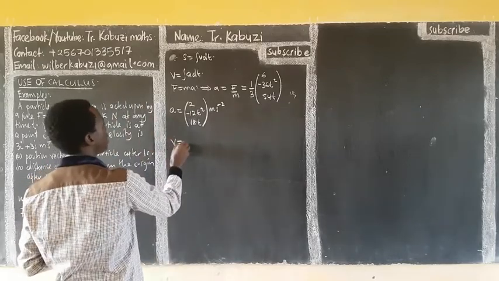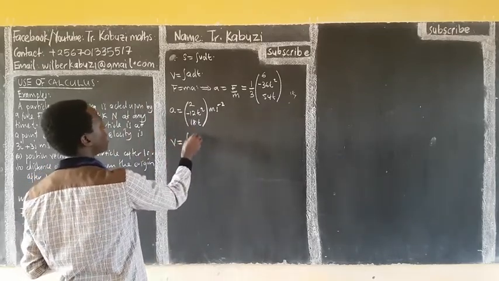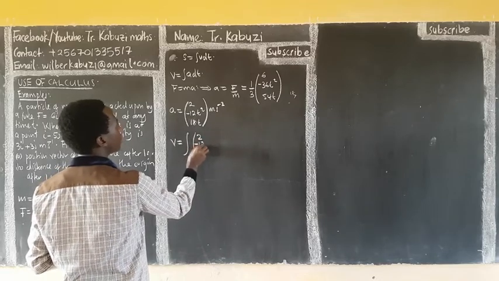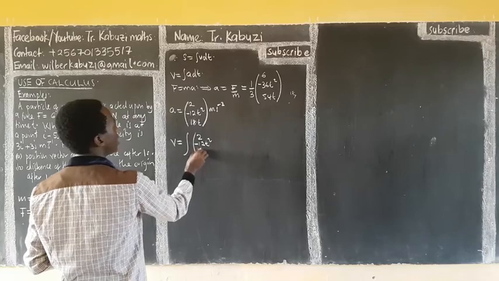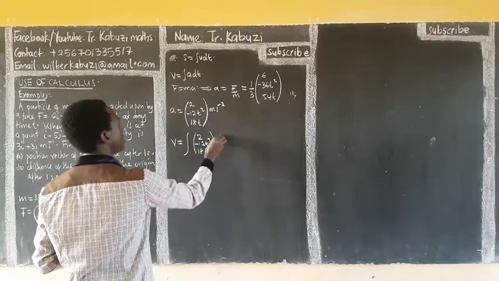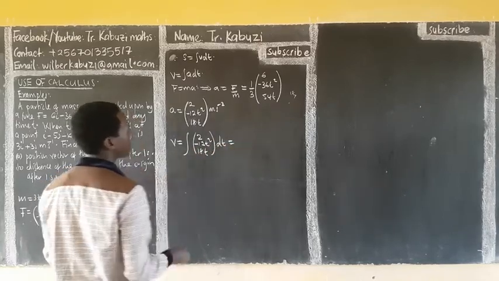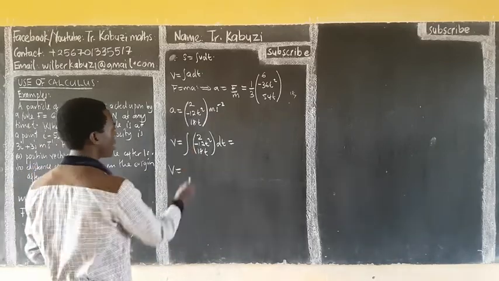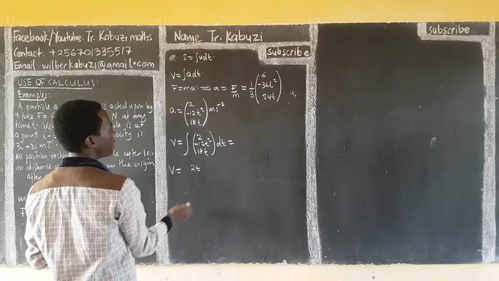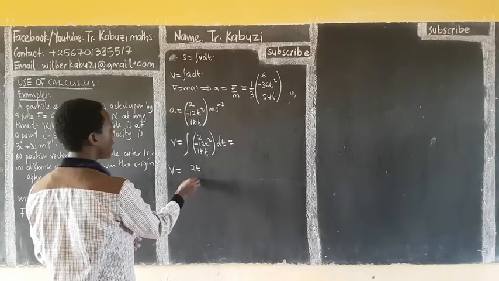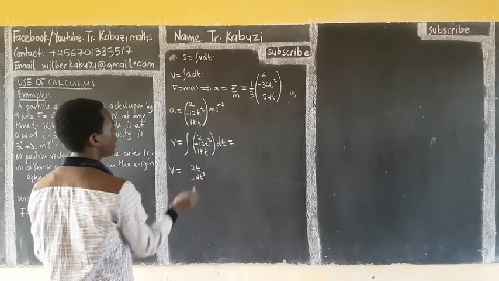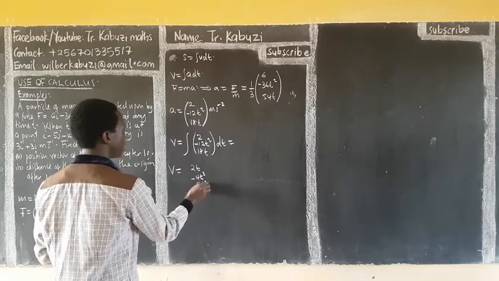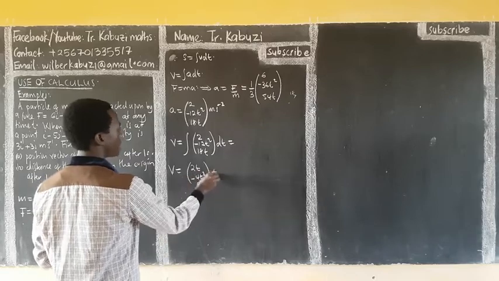So our v is going to be the integral of acceleration, which is 2, -12t squared, 18t dt. Integrating this, we get 2t, then -4t cubed, and then 9t squared, then plus c.